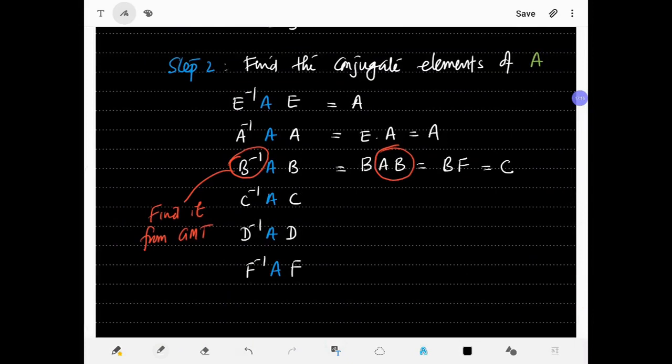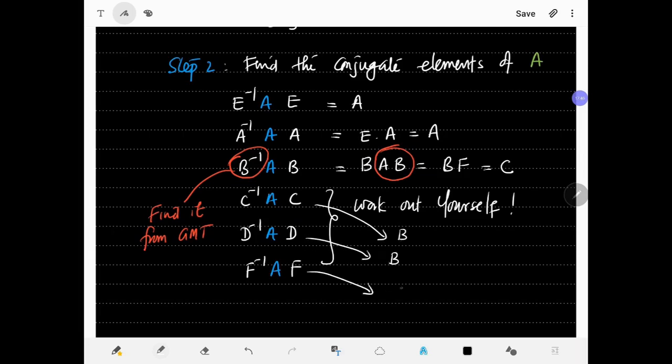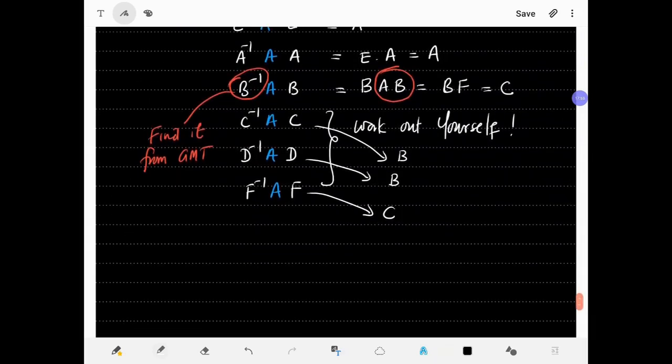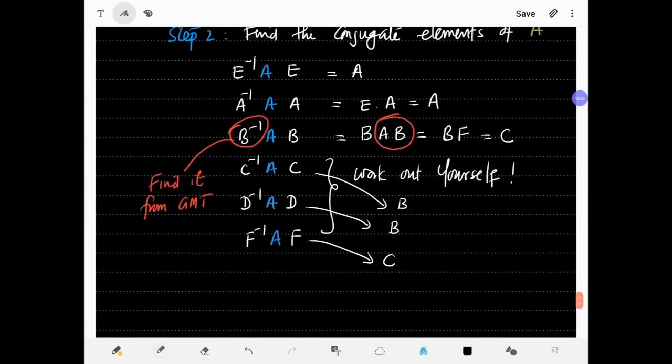Similarly, you do the similarity transformation for all the other three, and ultimately you will find that the fourth one is B, the fifth one is also B, the sixth one is C. You can do it yourself and see the result. What are the results that we have got?